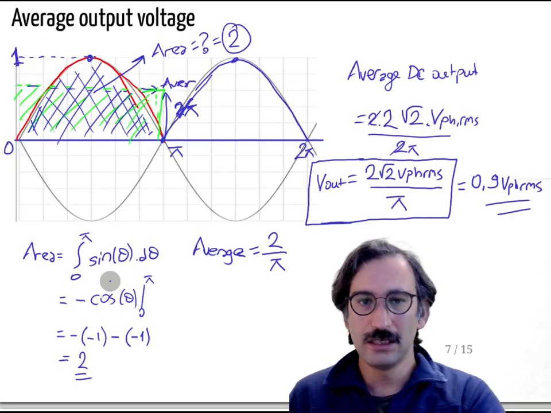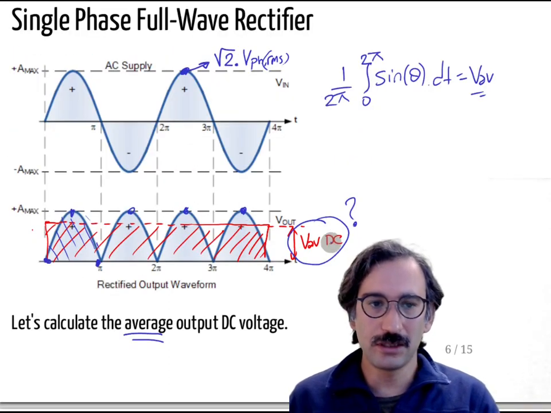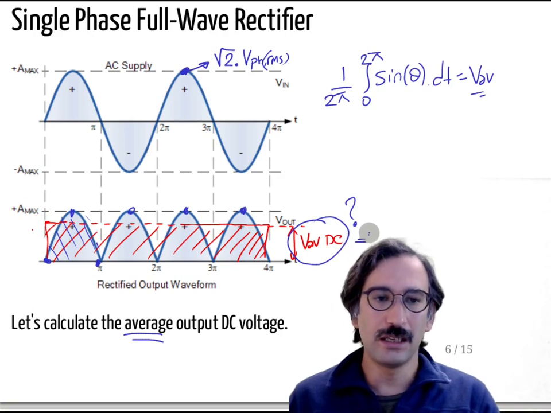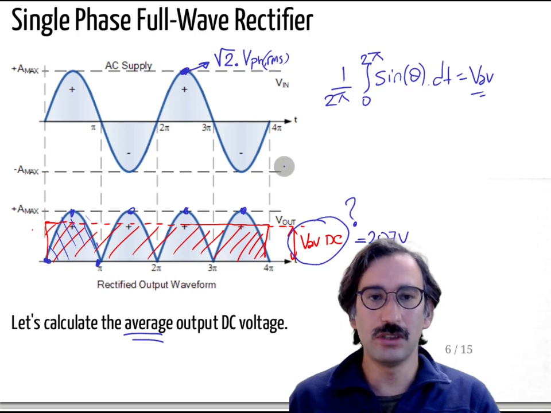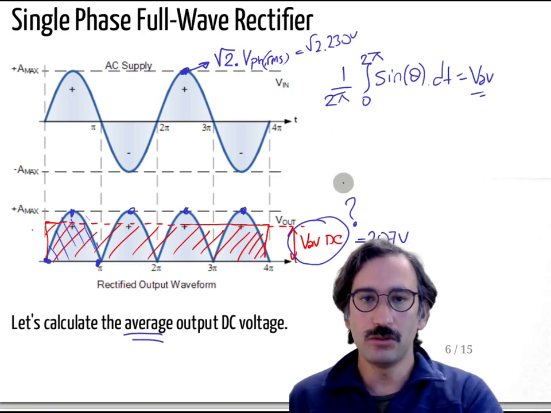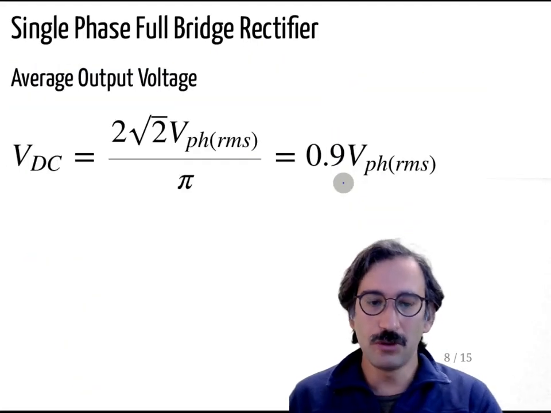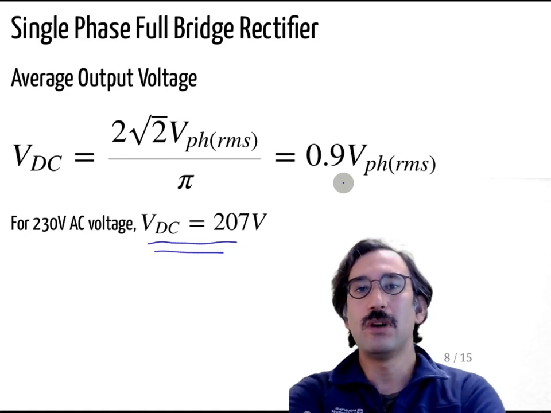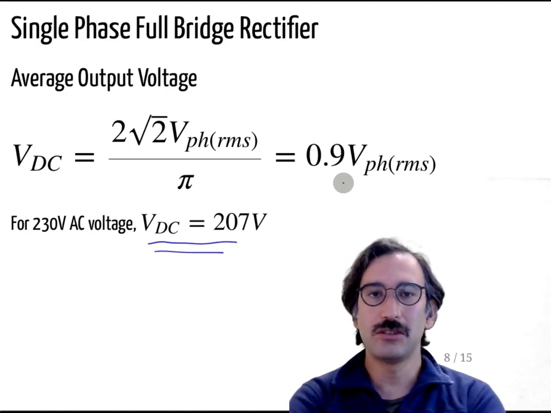So that is the single phase diode rectifier, which will again give 207 volts if this is 230 volts. Okay, cool. That is the voltage that you can play with. Once you convert it, I showed you some examples in the previous video.